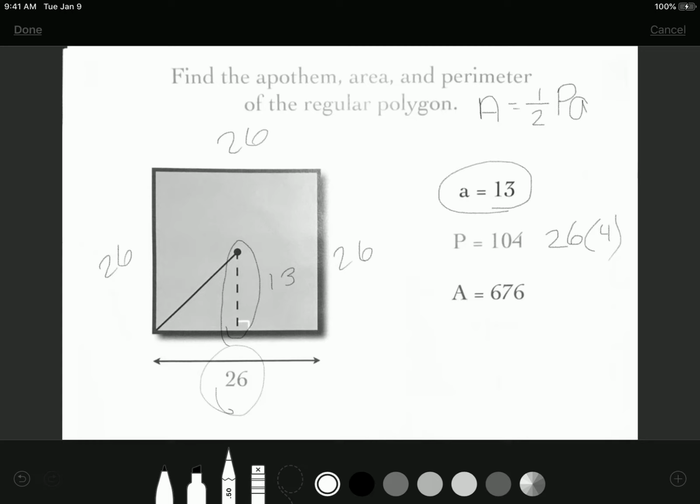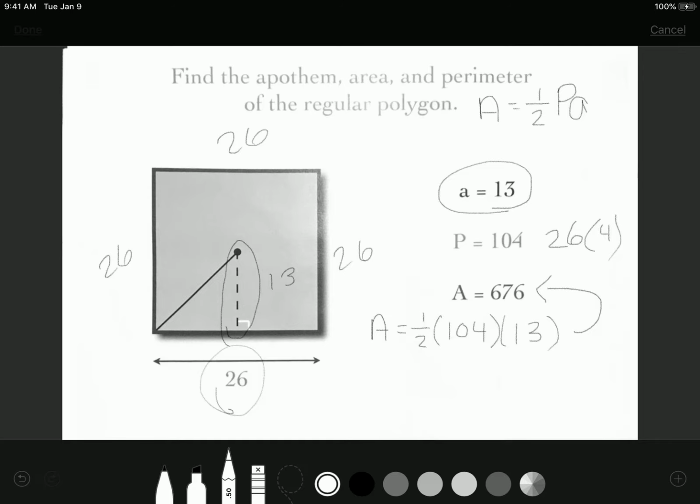Some shapes, it doesn't work out as easily, so there might be some extra work that we have to do. Now, if we plug in our information, we have 1/2 times 104 times 13, which gives us the 676 that you see.